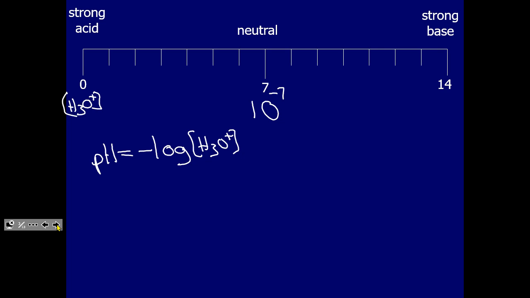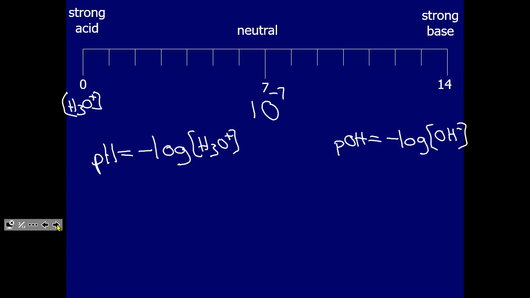If I have OH information, let's say I'm talking about a base, then I will simply take the negative log of the OH- concentration. Because this negative log thing is what the little letter p actually stands for.